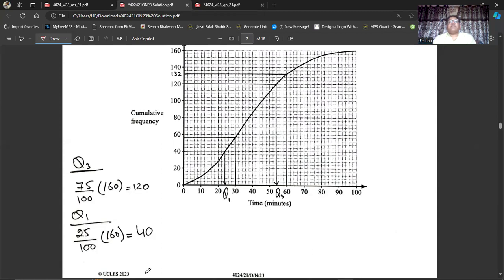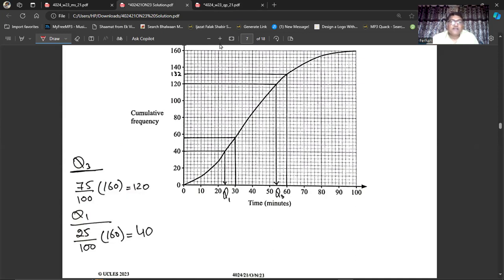Then I will find out what Q1 is. Q1 is 25% of the total cumulative, and 25% of 160, because the total cumulative here is 160, is 40. I will check what 40 is on the y-axis. From there, I will go to the cumulative curve, and then I will check what the x value is, and that is Q1, and that is 24 right now.